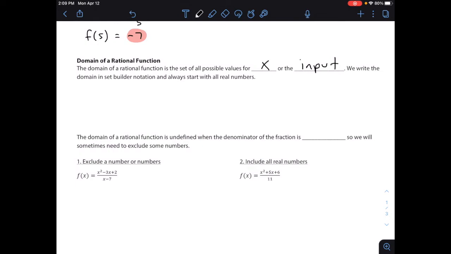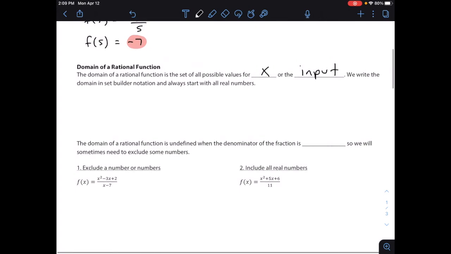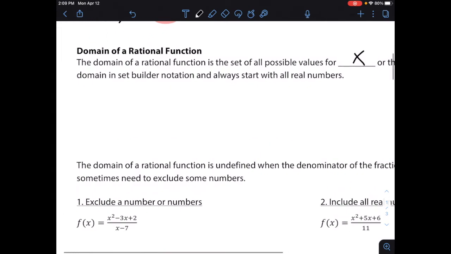And I don't know if you remember this or not, but in the beginning of the year, we used set builder notation, and we always start with real numbers. So I'm going to give you an example of what set builder notation is here. You can use this as a model for when you're going to write your answers when I ask you what the domain of a rational function is.